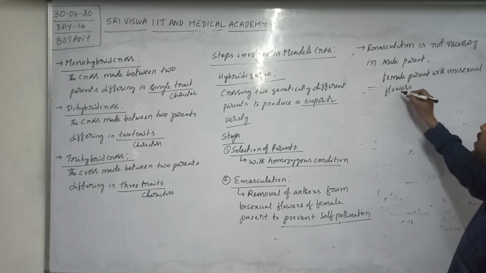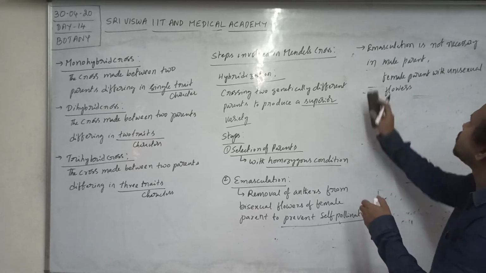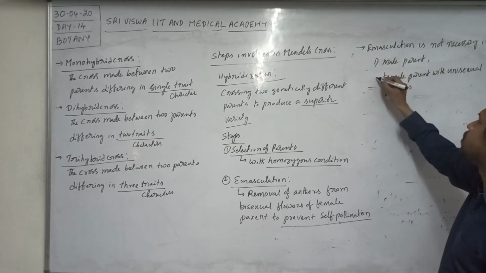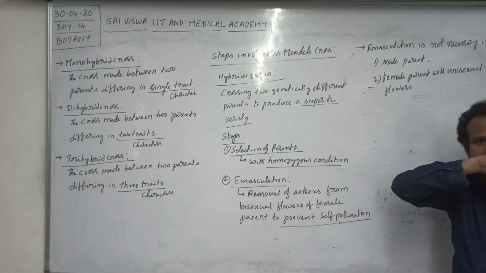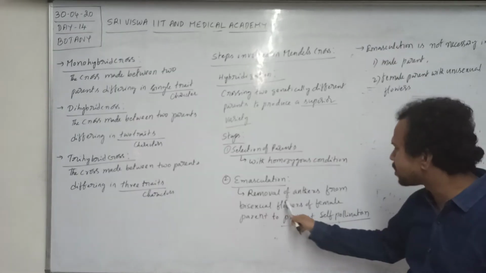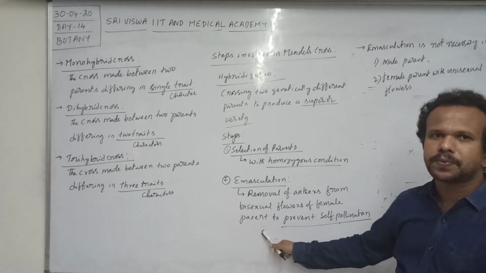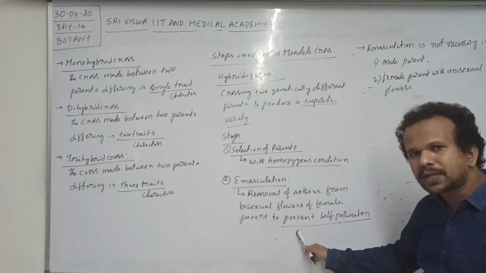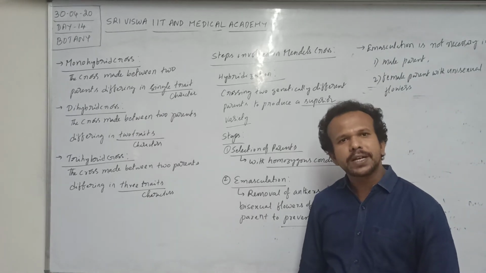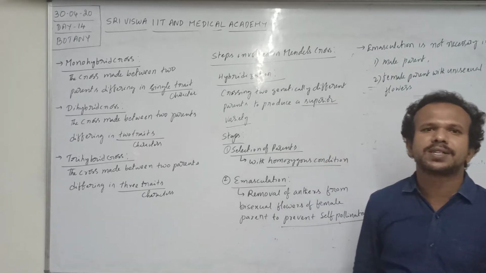Very, very important one. Emasculation is not necessary in two cases. The first one is male parent. Emasculation is nothing but removal of the anthers from bisexual flowers of the female parent. What is the main purpose of emasculation? It prevents self-pollination.